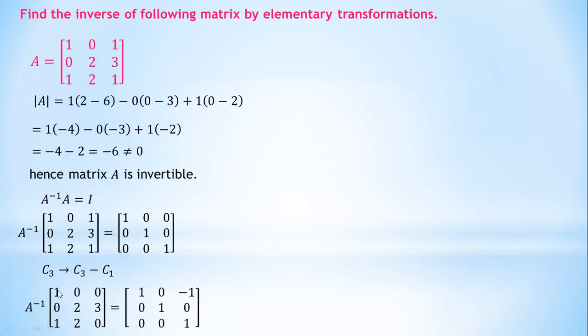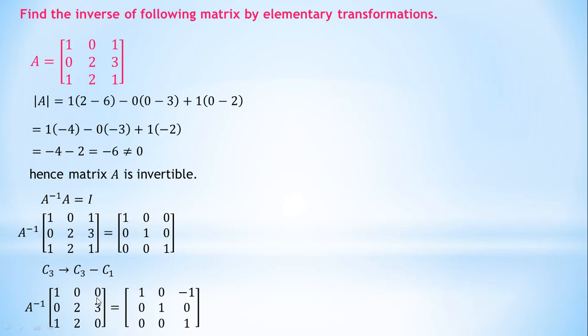Now write the first column as it is, second column as it is. Now you just subtract column number 1 from column number 3. So 1 minus 1 is 0. Then 3 minus 0, that is 3. 1 minus 1, that is 0.